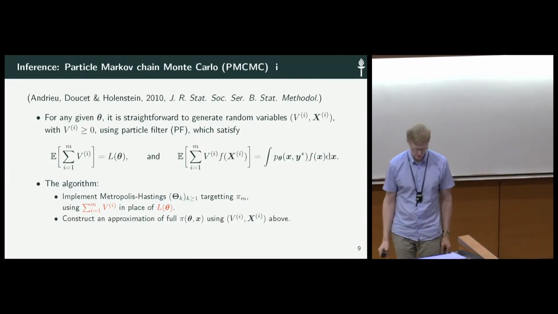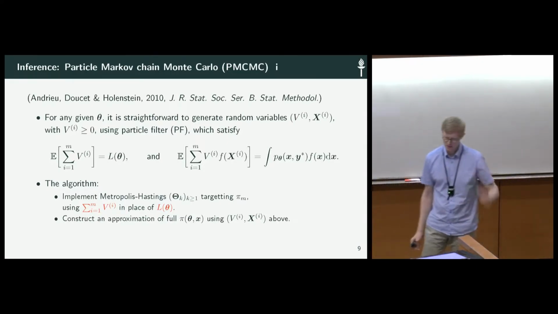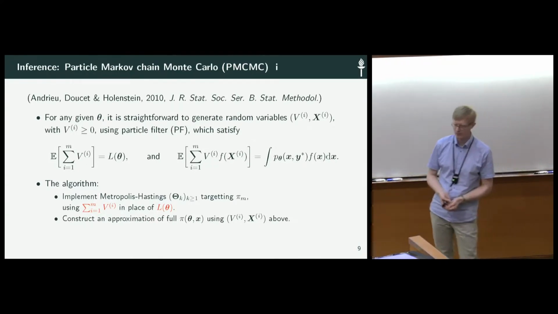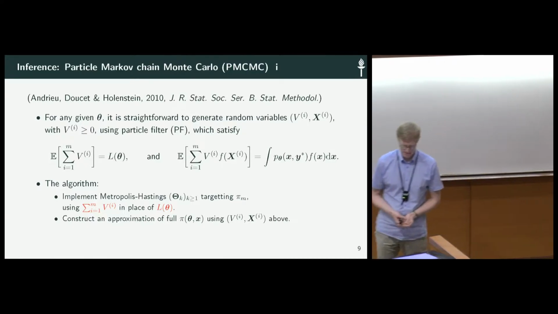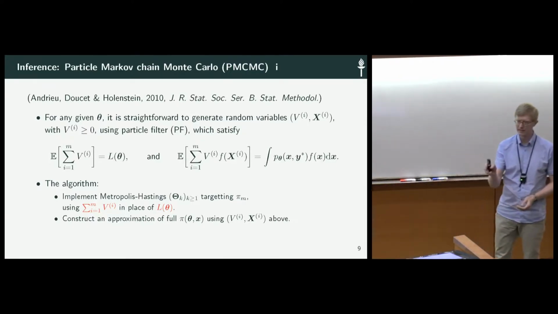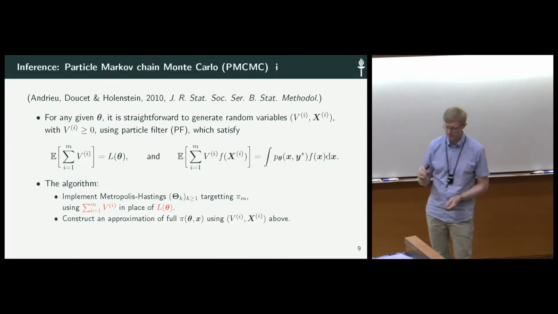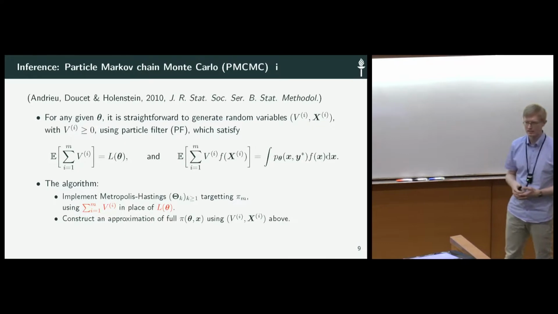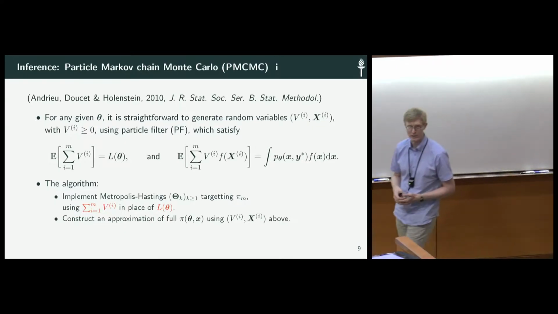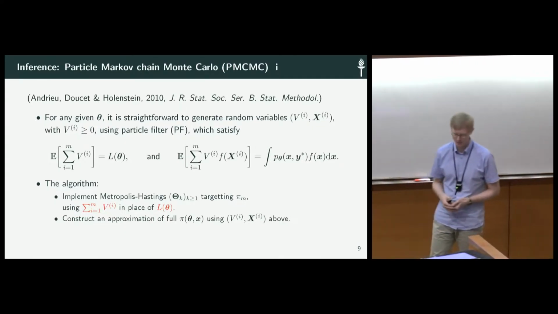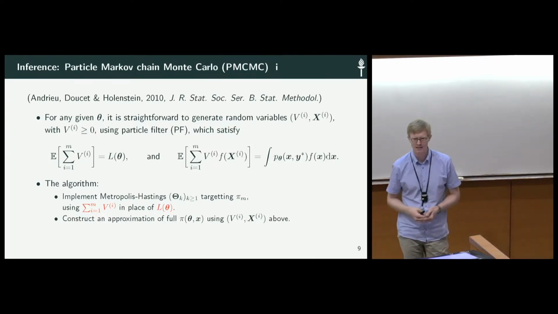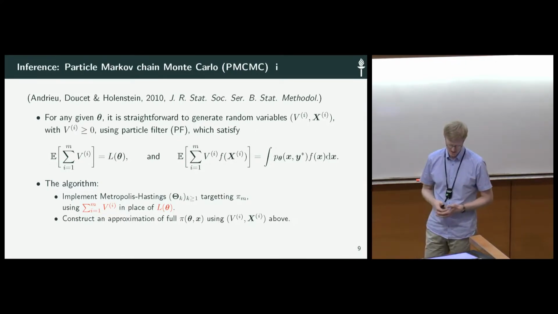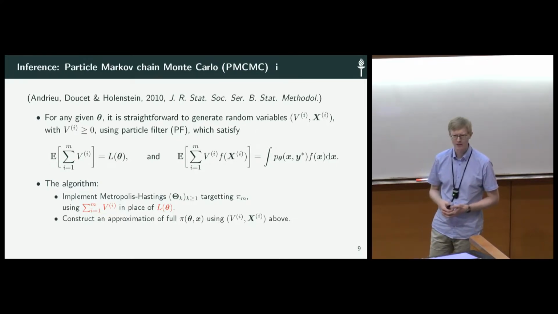In particular, you get scalar non-negative random variables, which I call V_i, i from 1 to M, and then X, which are latent variable configurations, which satisfy this nice unbiasedness property, which was talked about before as well, including Pierre Del Moral, who I think proved these things the first time, quite a long time ago already.